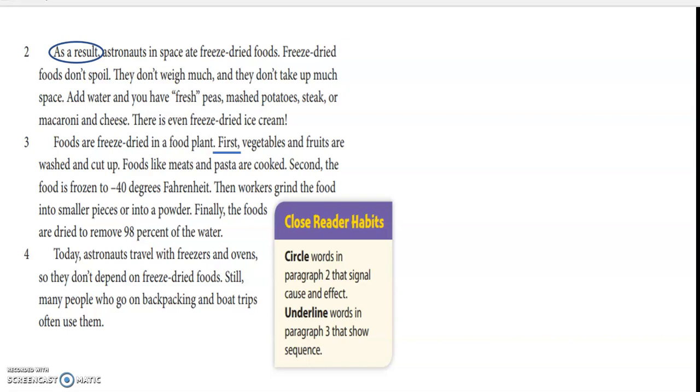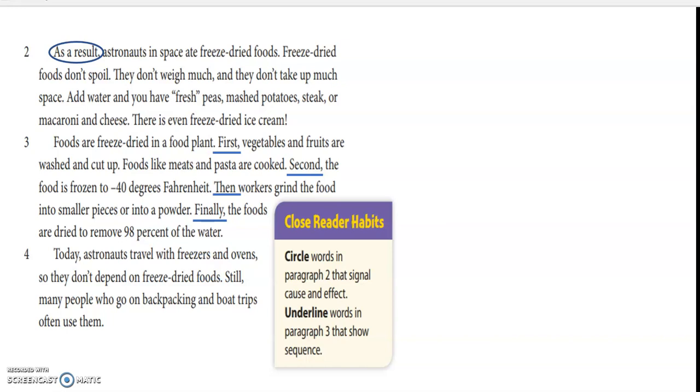Second, another signal word. The food is frozen to minus 40 degrees Fahrenheit. Then, another signal word. Workers grind the food into smaller pieces or into a powder. Finally, another signal word.